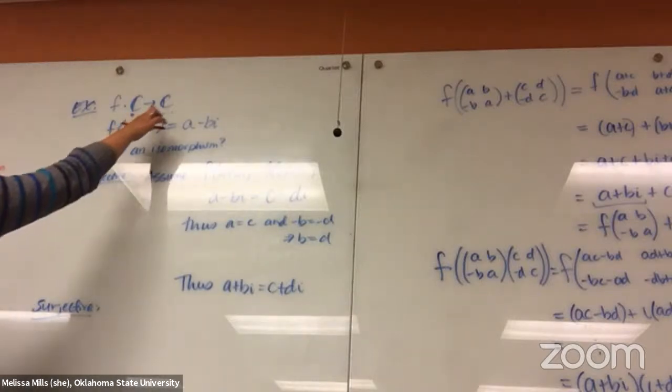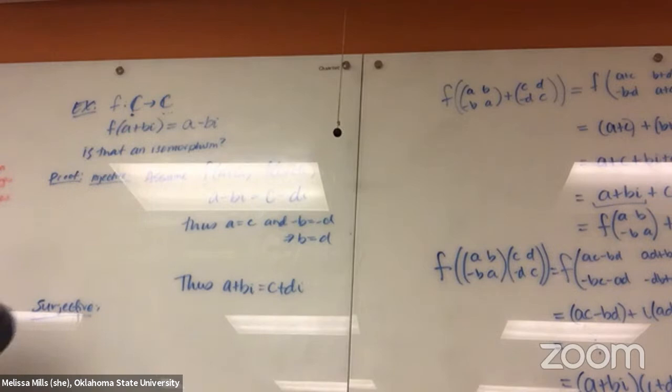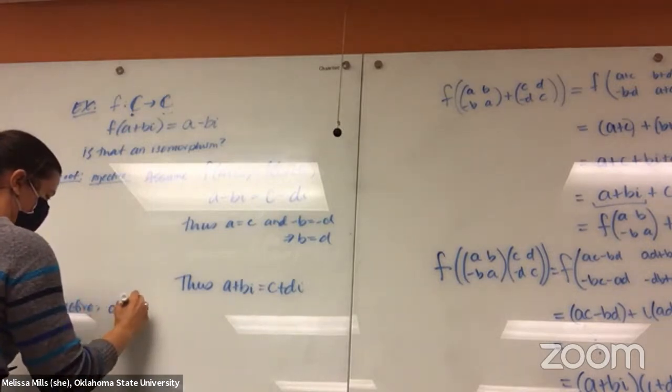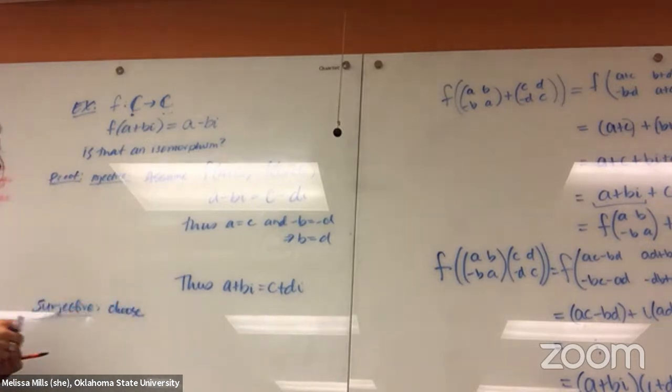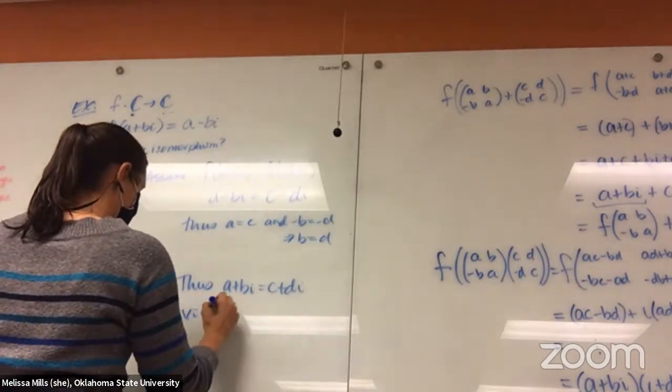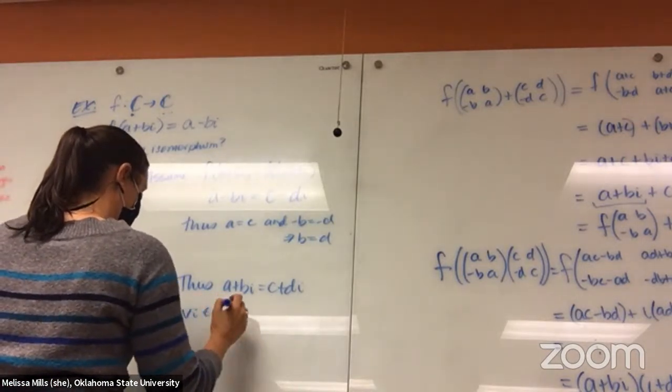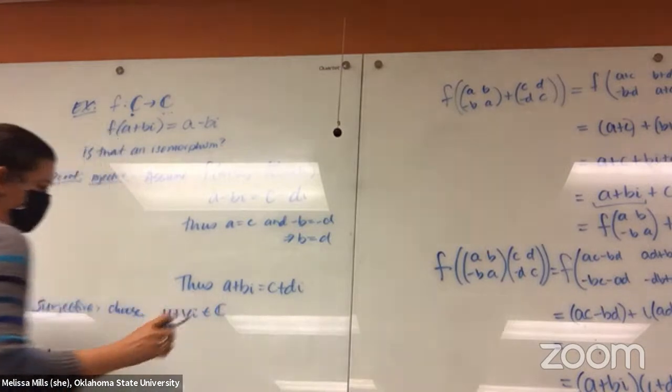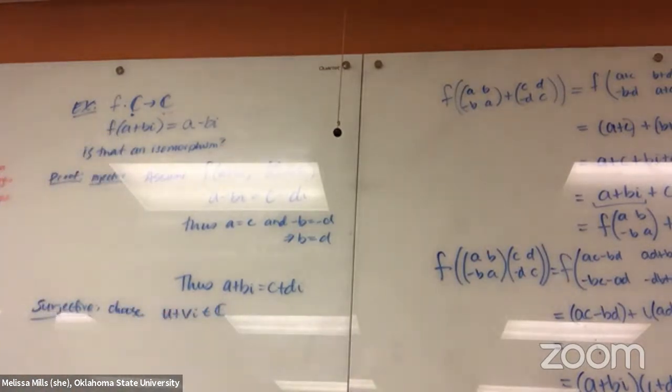So we're gonna pick something over here. I'm gonna use some different letters just so it doesn't seem like we're just writing down what the map says, right? So let's choose some U plus VI in C. And then what's gonna map to that U plus VI, you think?